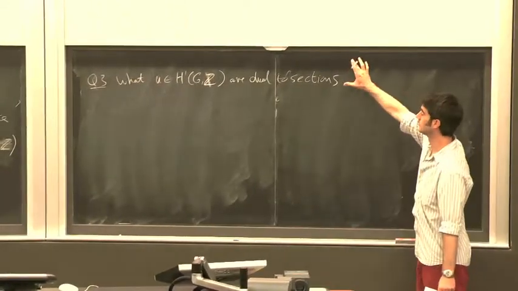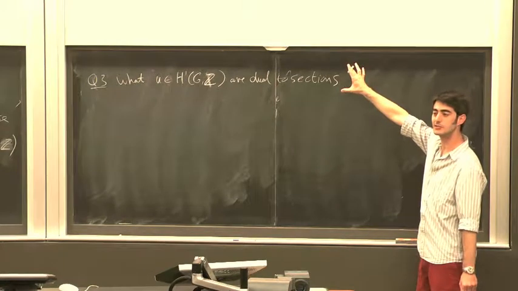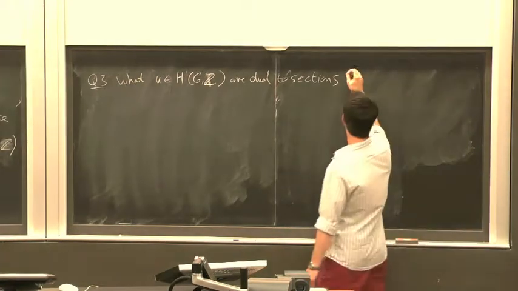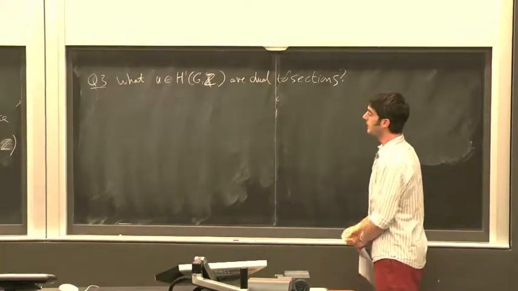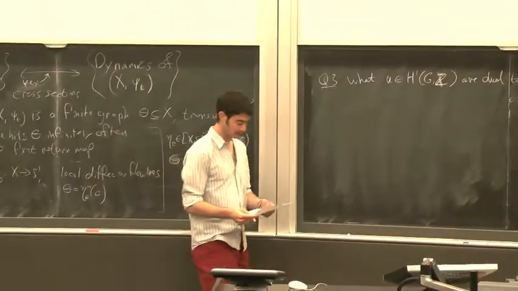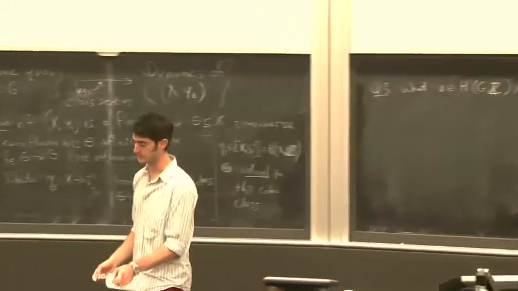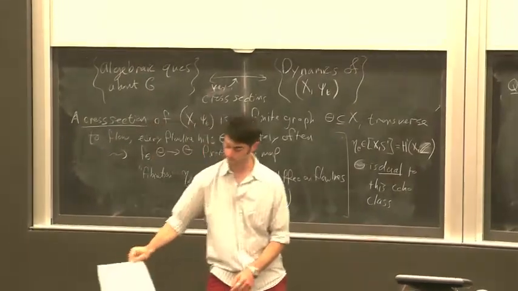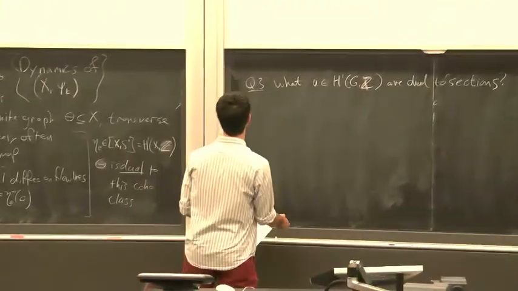Okay, so this is a very natural question you might ask once you think of this dynamical system. And it turns out it's related to these other questions I was asking before, the algebraic perspective. So, how does that work? Let me just tell you this proposition.